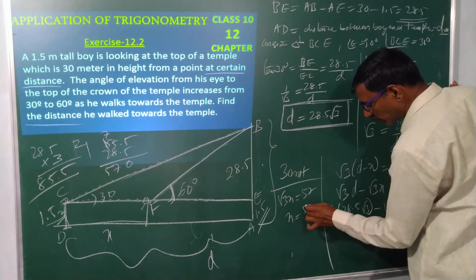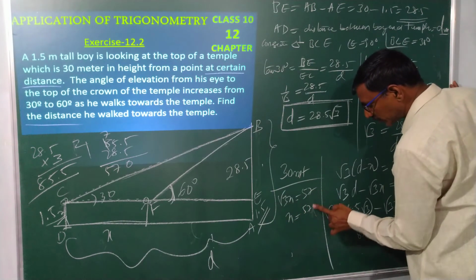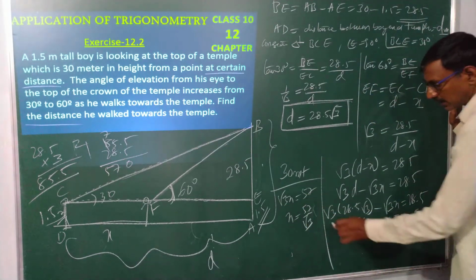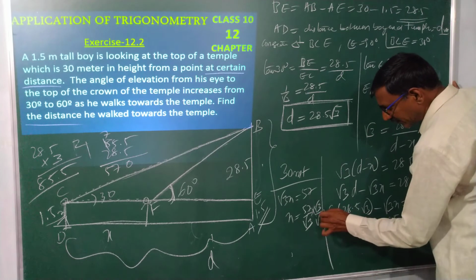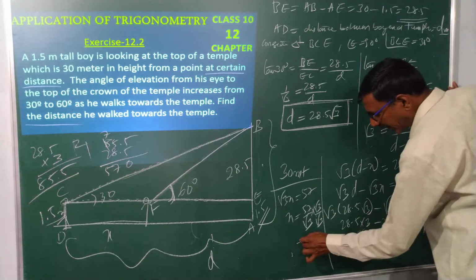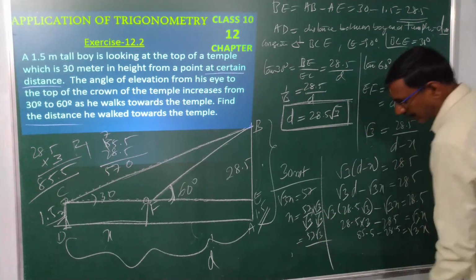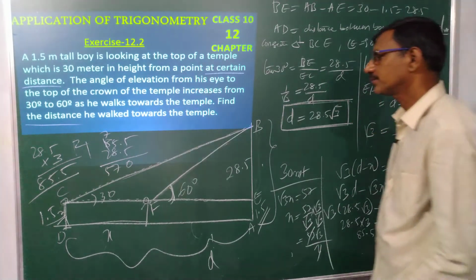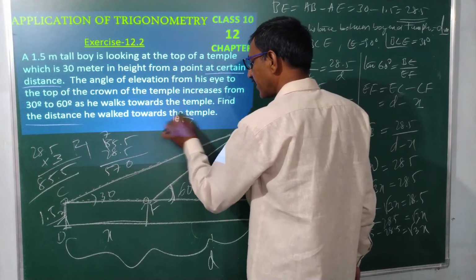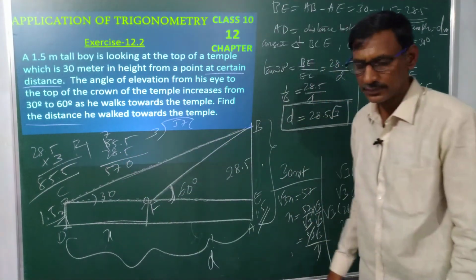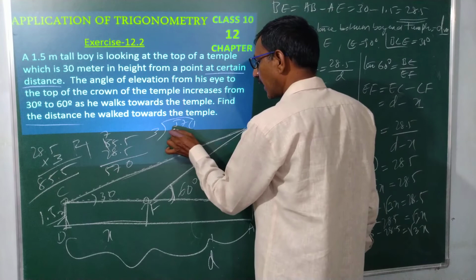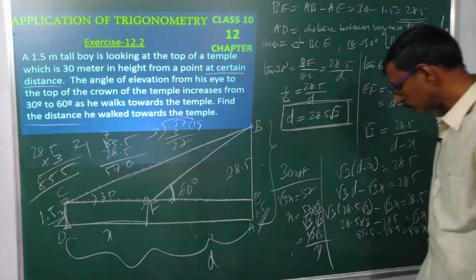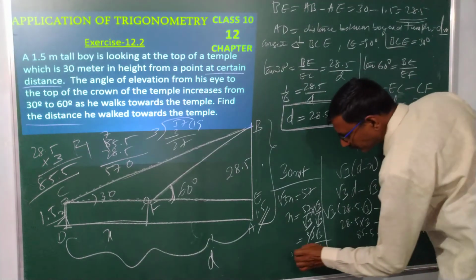Then X is equal to 57 by root 3. Rationalizing it, we get 57 root 3 by 3. 3 how many times in 57? 57 divided by 3 is 19.